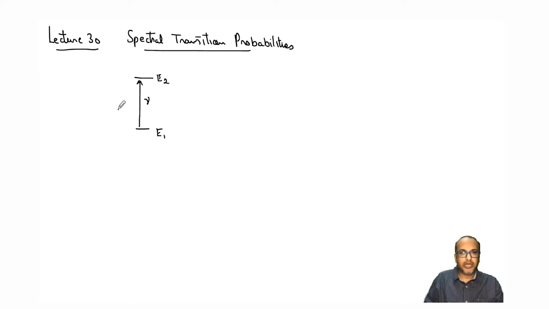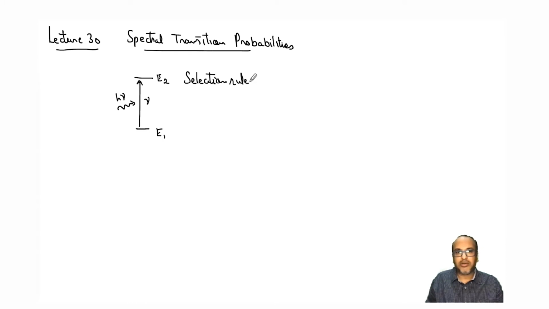So the energy corresponding to h nu will be able to carry out the transition from E1 to E2, right? And whether this transition will take place or not will be defined by the selection rules.